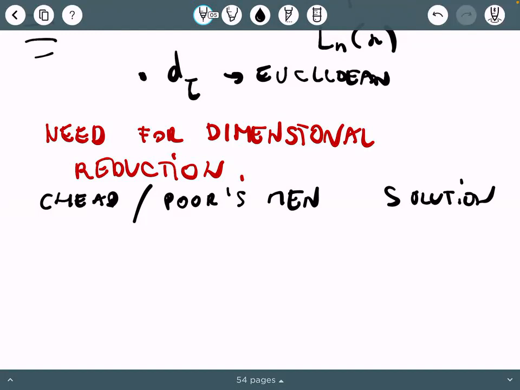Because suppose you can identify the set of variables that, through physical or chemical intuition, drive you to think that those are really the relevant collective descriptors of your system.